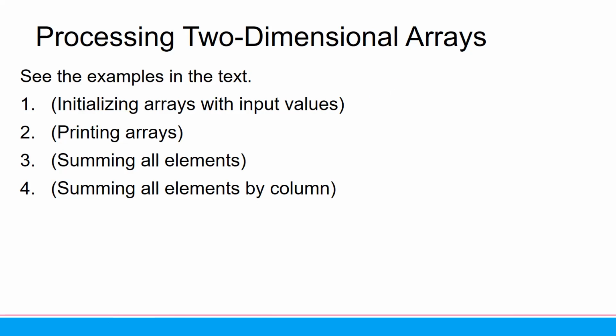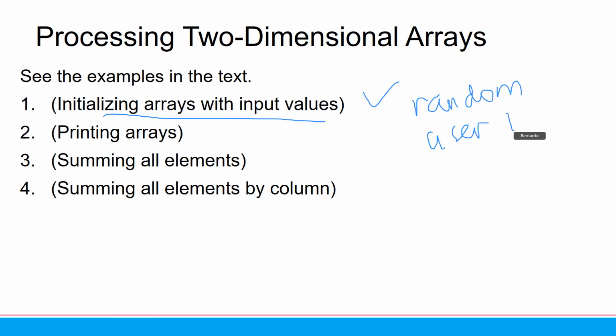The first is how to initialize arrays with input values. You can do it with random values, or you can use user input. The user can input any values, but of course if you want to input many values, it will be time consuming.